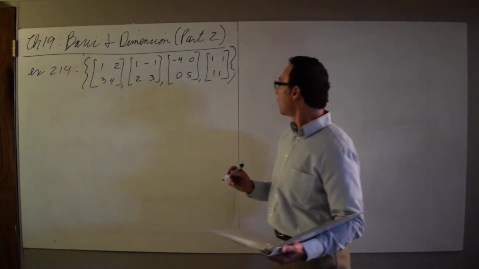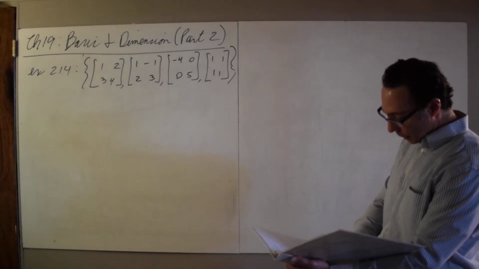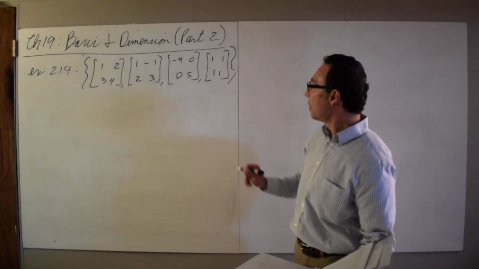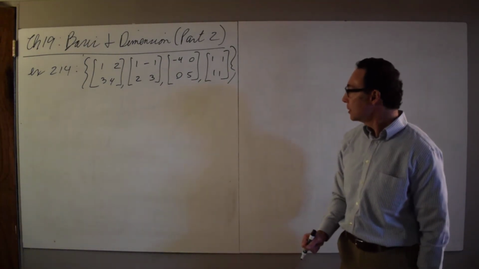So we have a set of vectors that we are given, and we're asked if this set is a basis for the vector space of 2 by 2 matrices.